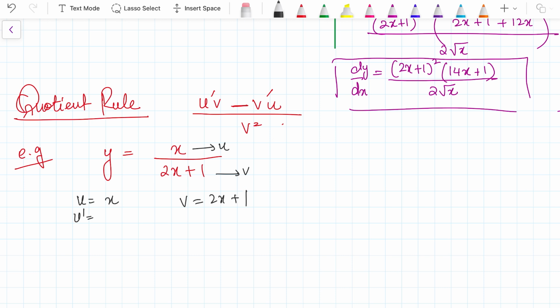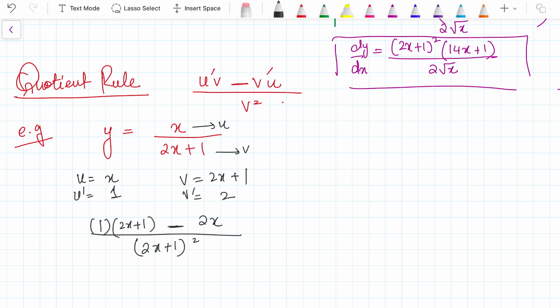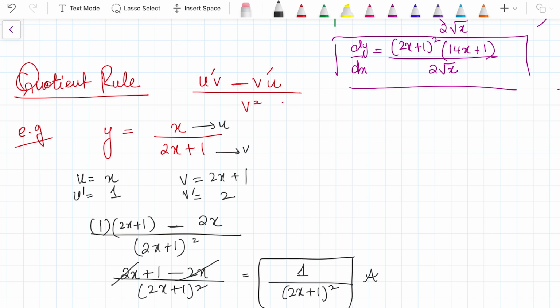And then I differentiate. So I complete the set. I write everything. The data writing is very important to make sure that you don't repeat the mistake. There are no silly mistakes. U bar v minus v bar u upon v square. So that's going to be my answer.